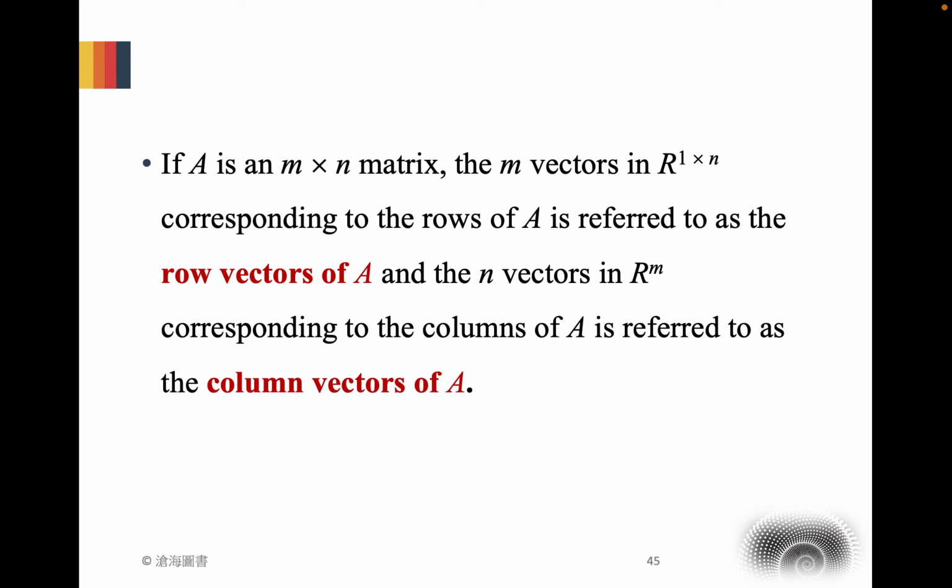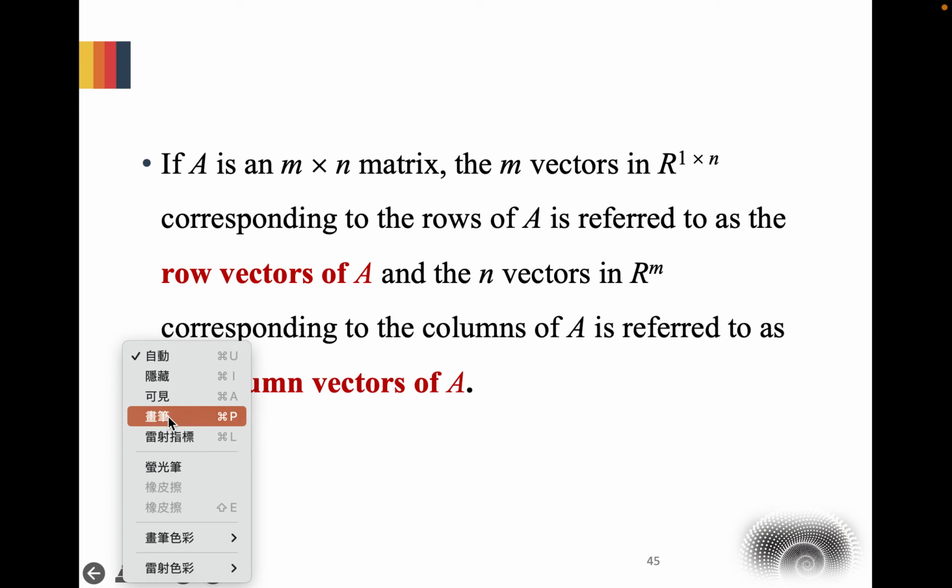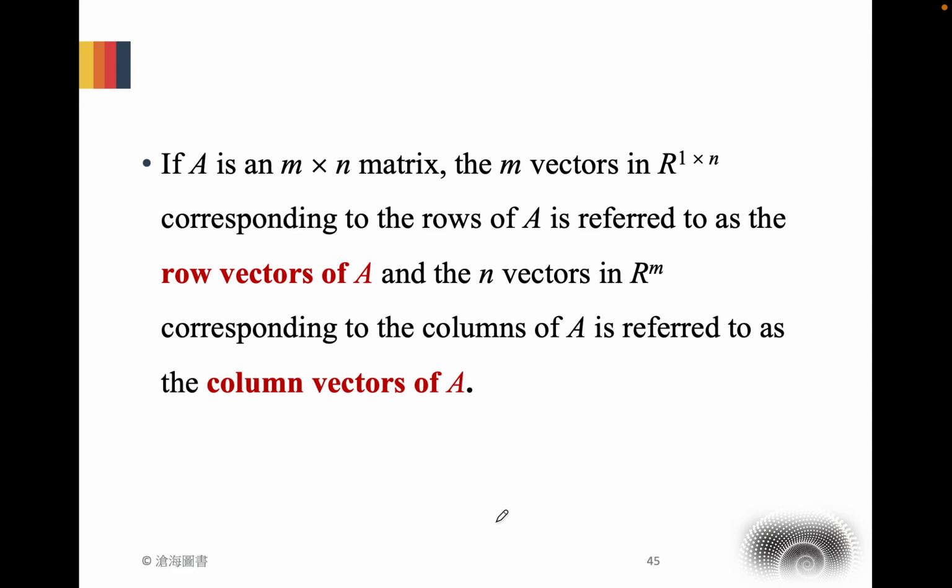So, if A is an m by n matrix, then the m vectors in n-dimensional space corresponding to the rows of A are referred to as the row vectors of A. When we talk about this, we can draw a matrix like here.